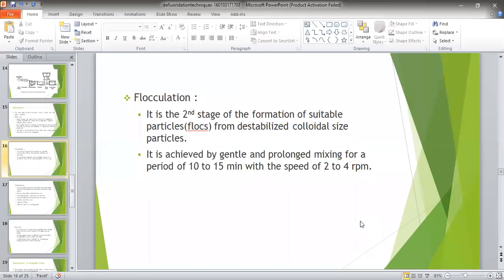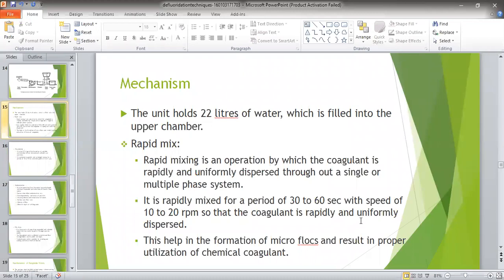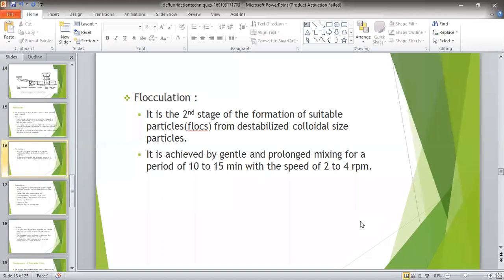रैपिड मिक्सिंग में हमने जो है कोएगुलेंट को मिक्स किया फॉर 30 टू 40 सेकेंड्स विद द स्पीड ऑफ, 10 to 20 rpm, and we have the formation of microflocs particles that were destabilized.